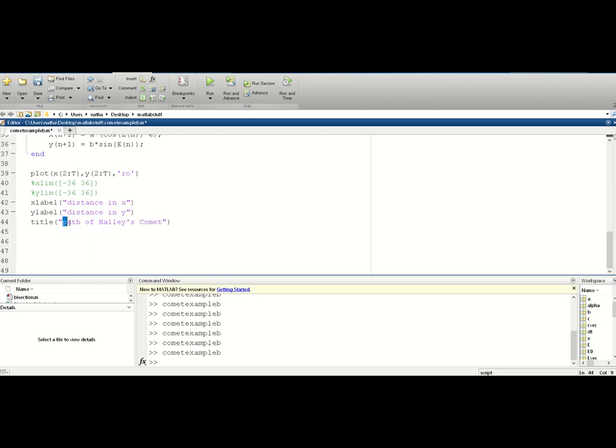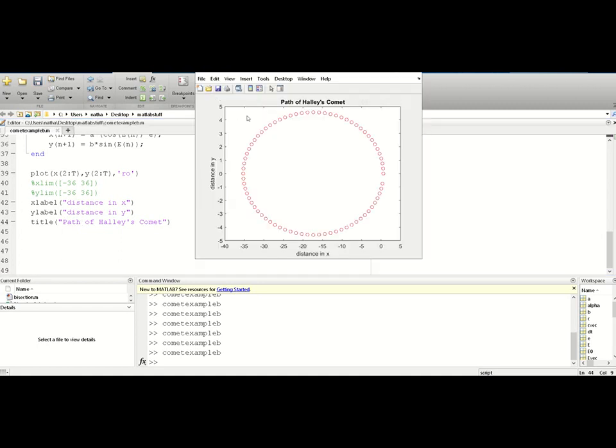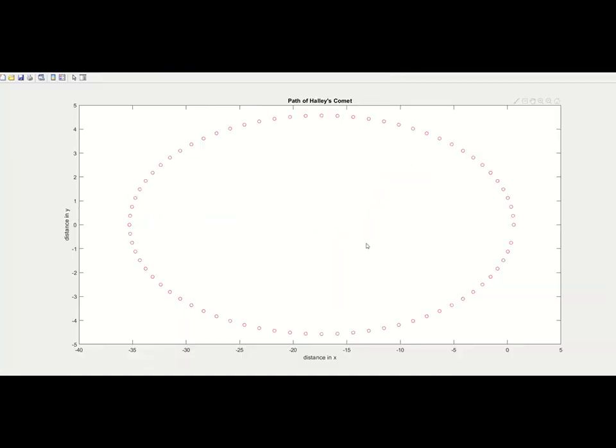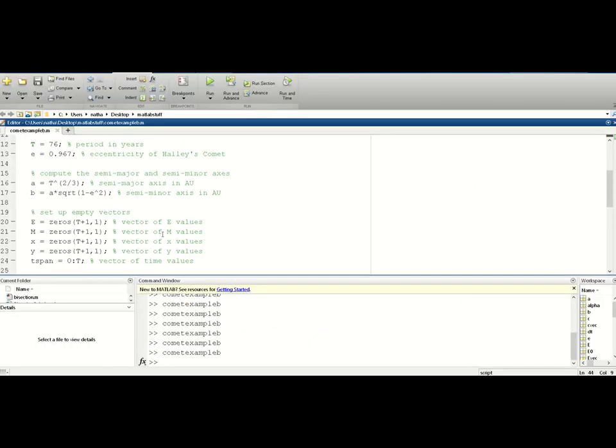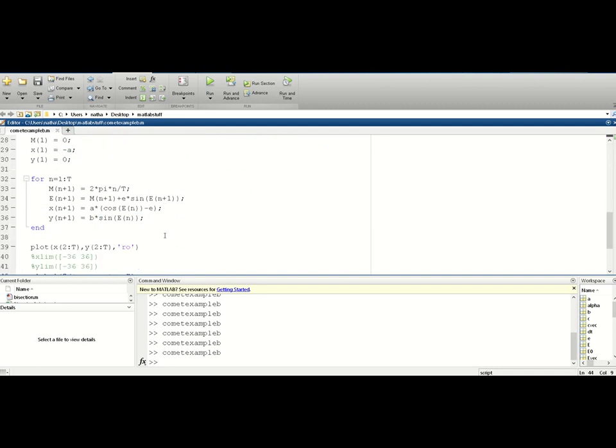So let's put the path of Halley's Comet on here. And now when we run this, I've got a really pretty looking graph that really is pretty accurate, and it shows where we are. Okay. And so what I want you to do is adopt a comet. Have fun.